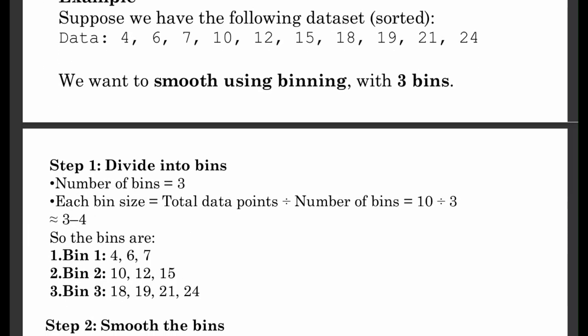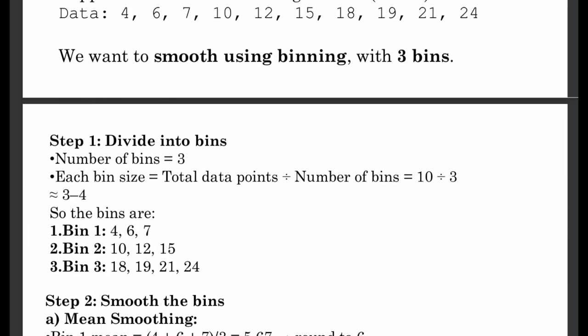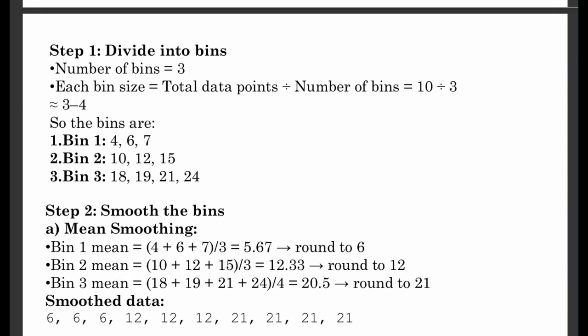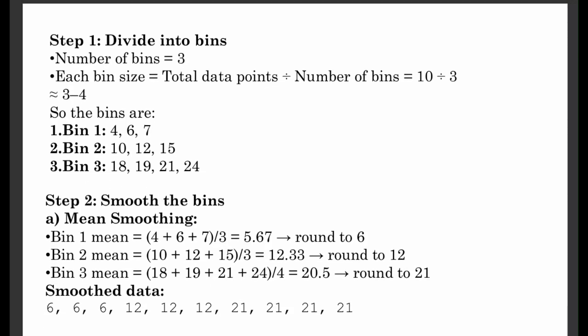Step 1, divide the data into bins. Since the number of bins is 3, each bin size is total data points divided by number of bins, that means 10 divided by 3, which is between 3 and 4. That means each bin should contain maximum 4 and minimum 3 values.